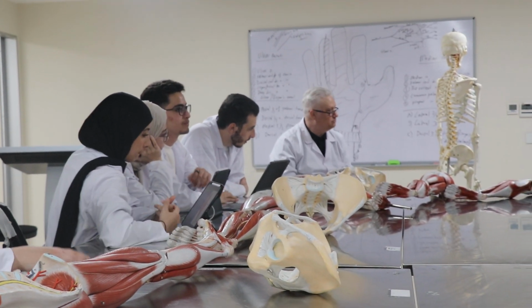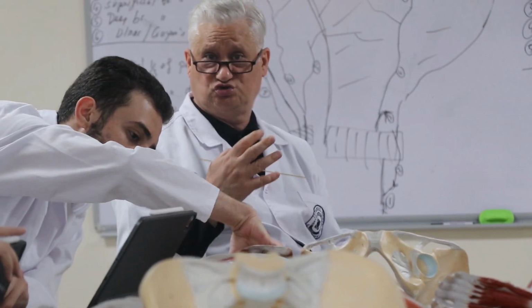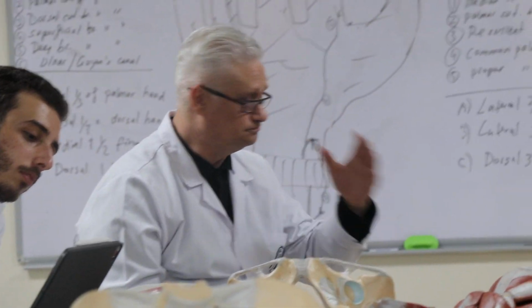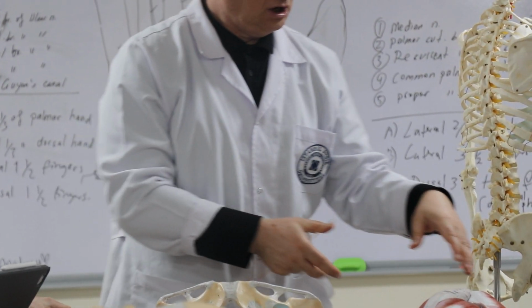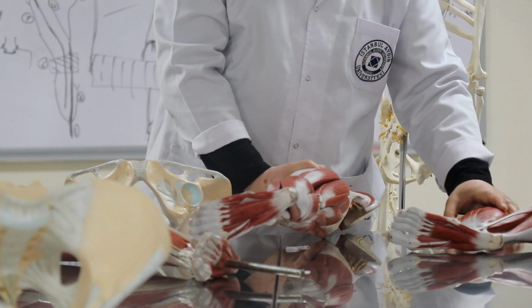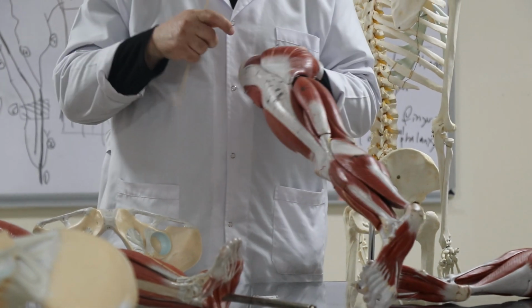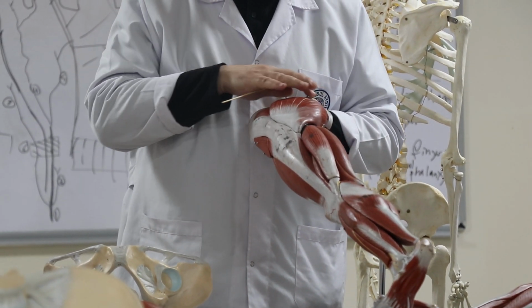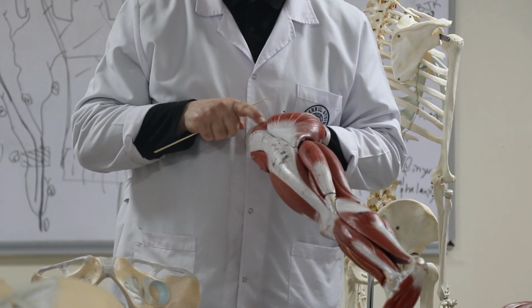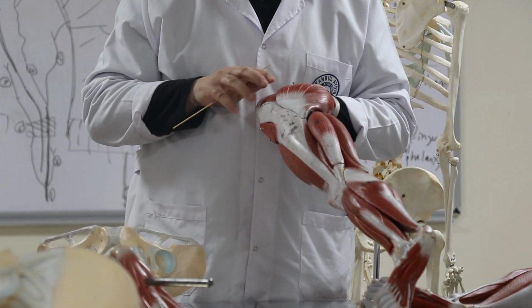Let's get to the next muscle, which is the gluteus medius. Gluteus medius and gluteus minimus, we can examine together. So let's get the gluteus maximus out of the way. The muscle that you would see here is gluteus medius. It's below gluteus maximus, but you can see it from outside.